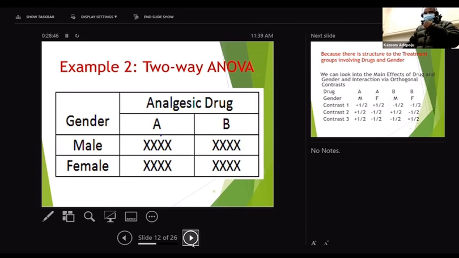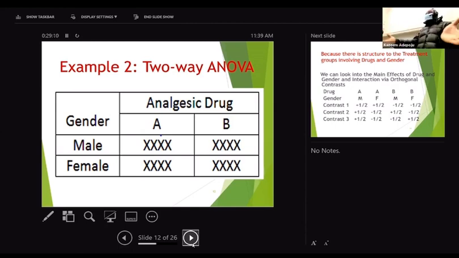Now, I want you to look at this example on two-way Anova. We have 2 factors. The first one is a drug factor, which has 2 levels, A and B. And the second factor is gender, also having 2 levels, male and female.